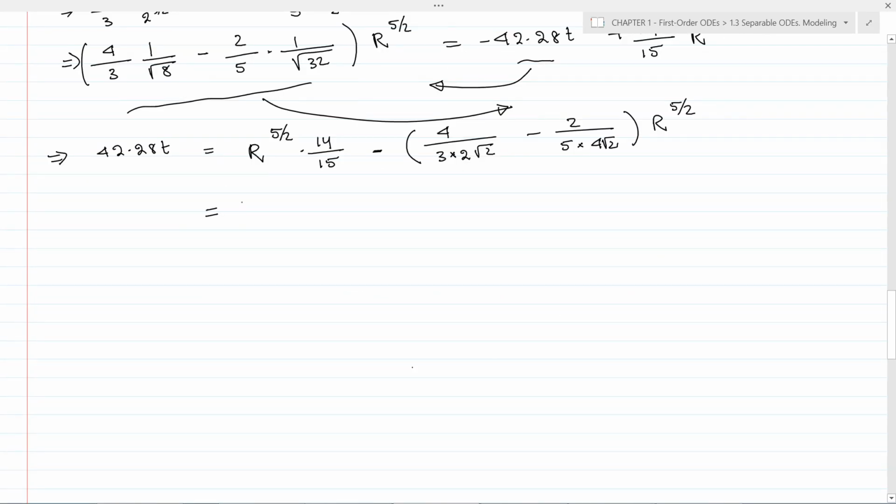This is equal to r to the power 5 by 2 whole into 14 by 15 minus 2 by 3 square root of 2 plus 1 by 10 square root of 2.